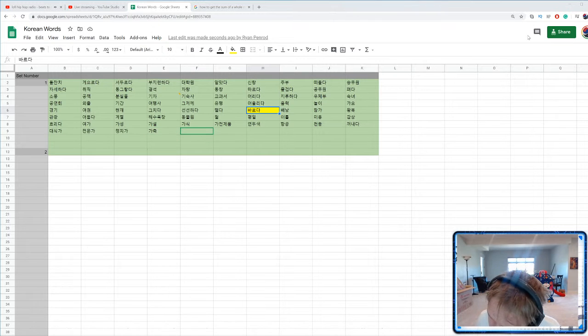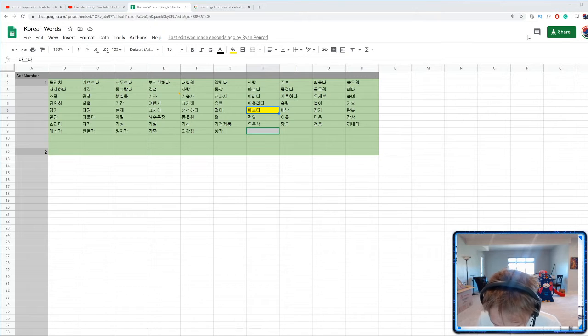Mother's family's house. 외갓집. 외갓집. Shopping mall. 상가. Head of the family. 가장.